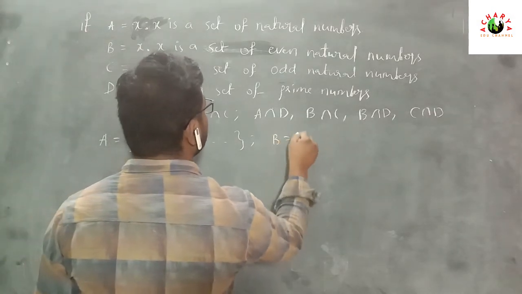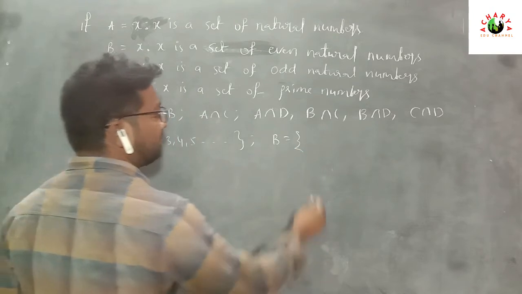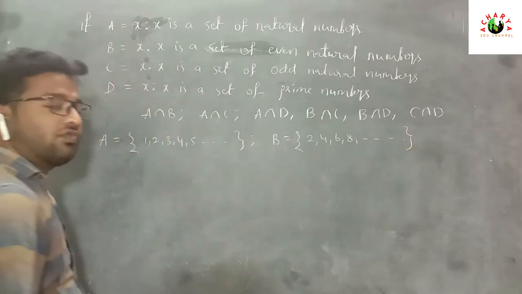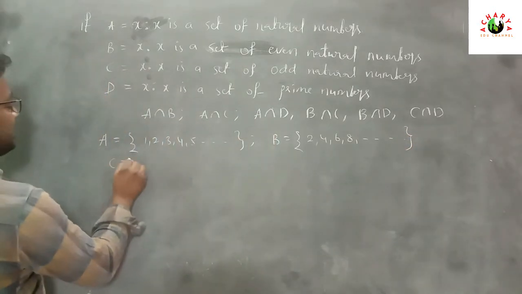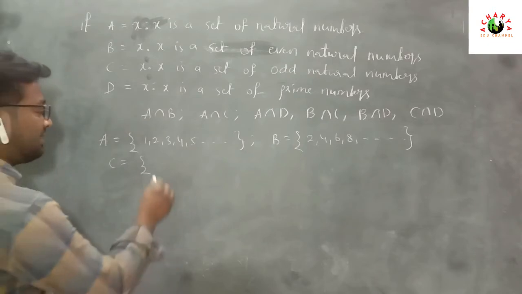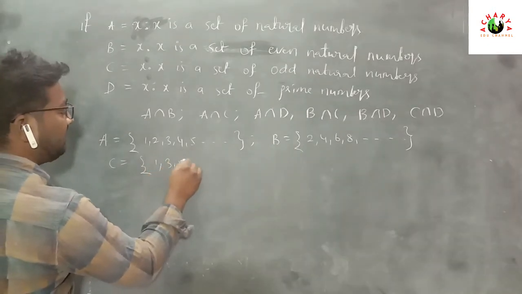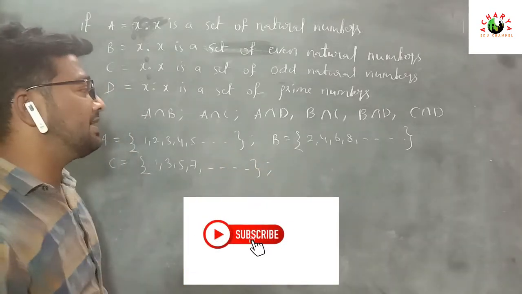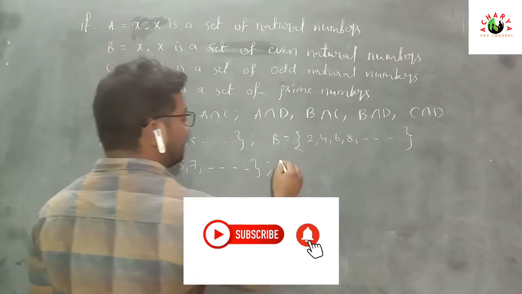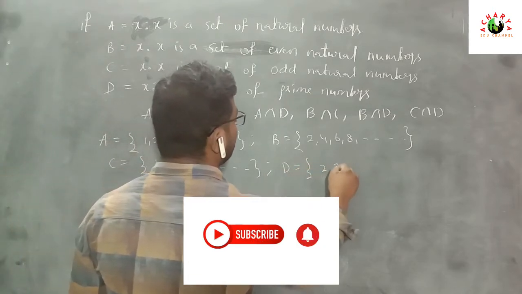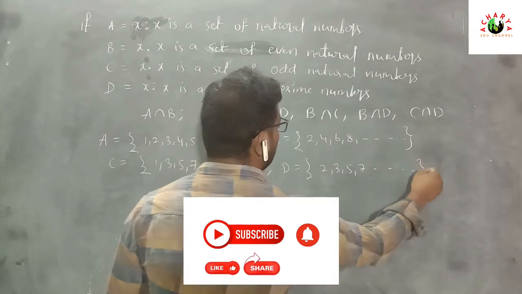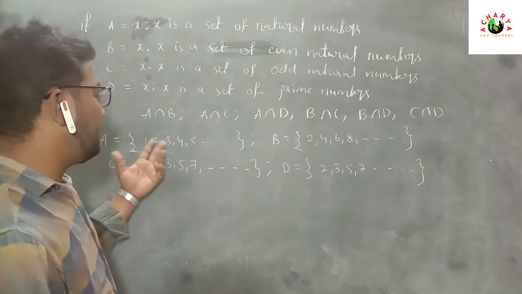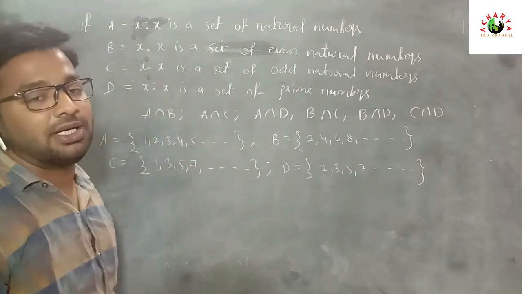Next, B is the set of even natural numbers: 2, 4, 6, 8, and so on. Next, C is the set of odd natural numbers: 1, 3, 5, 7, and so on. Next, D is the set of prime numbers: 2, 3, 5, 7, and so on. So finally we are writing roster forms, the set builder form converted into roster form.